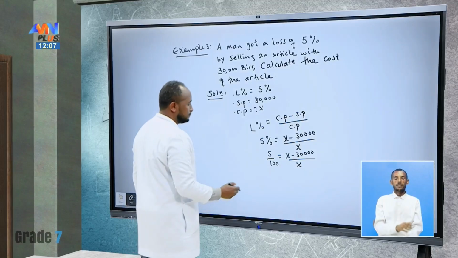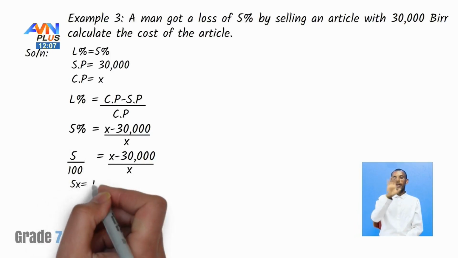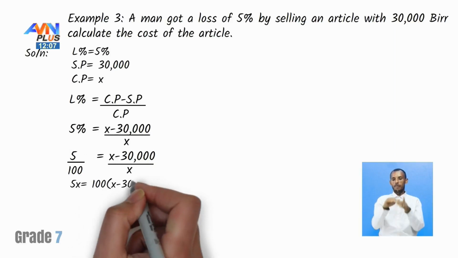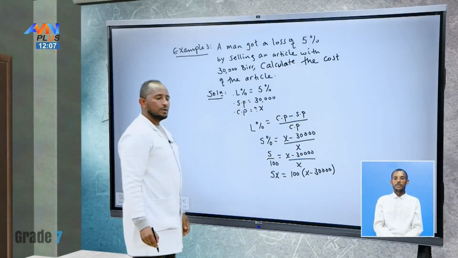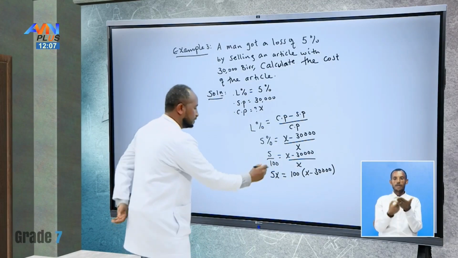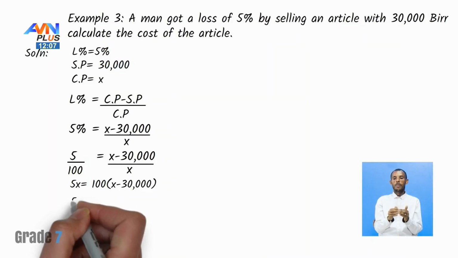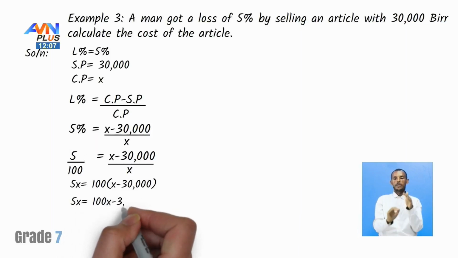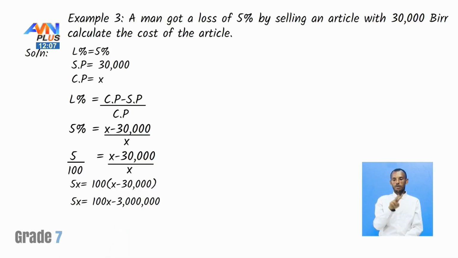So here, 5 times x, 5x, is equal to 100 times x minus 30,000. So, this becomes 5x is equal to 100x minus the product of the two, which will be 3 million.